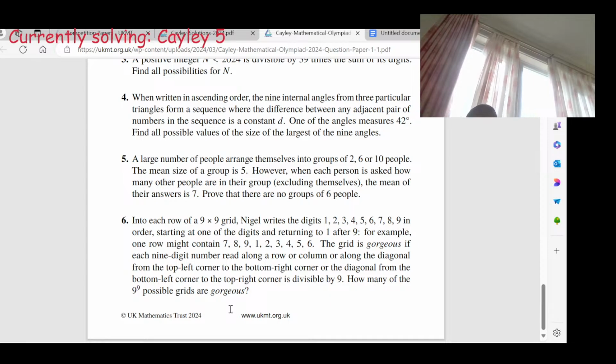This seems wrong. 64x. Am I a clown? 2x equals z.